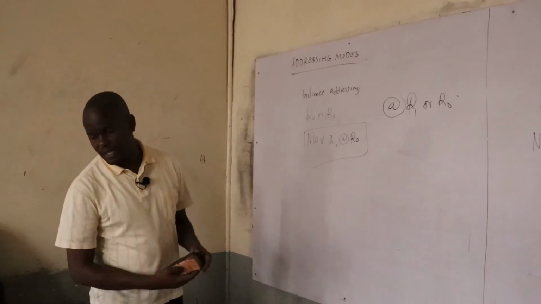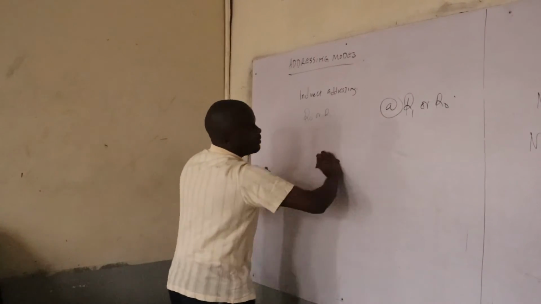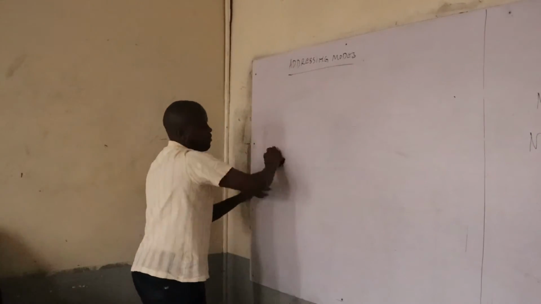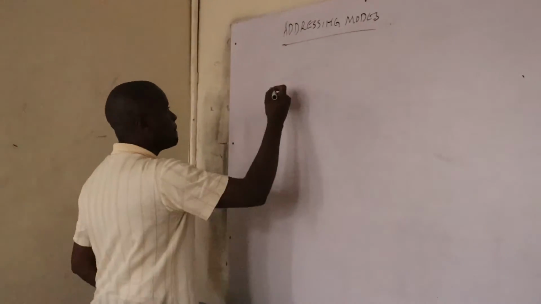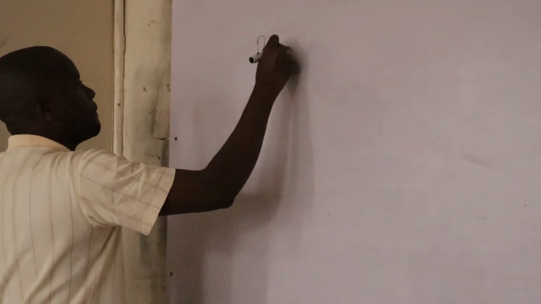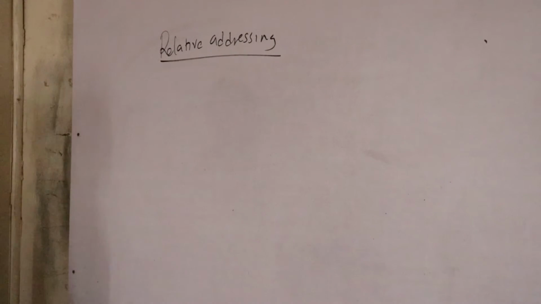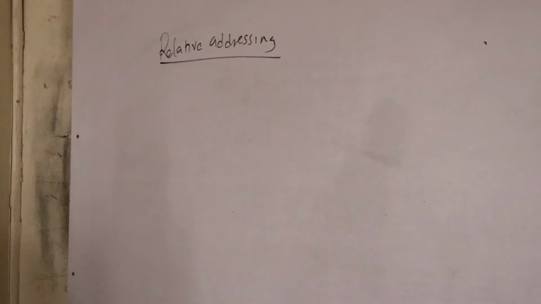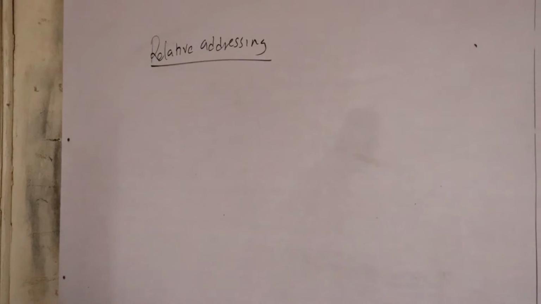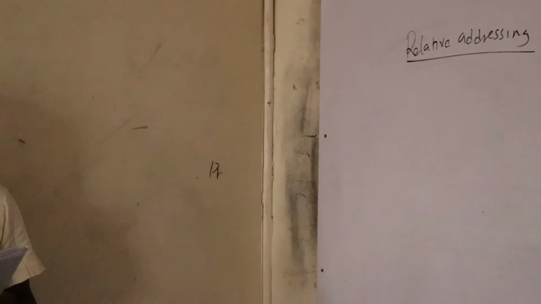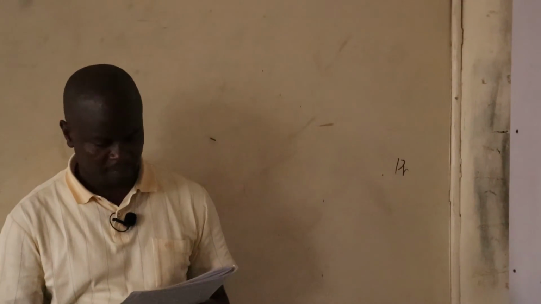So we can look at the fifth one, that is the relative addressing. Relative addressing is always used with certain jump instructions, where the relative offset is an 8-bit signed value, always between minus 128 and 127, which is added to the program counter to form the address of the next instruction.